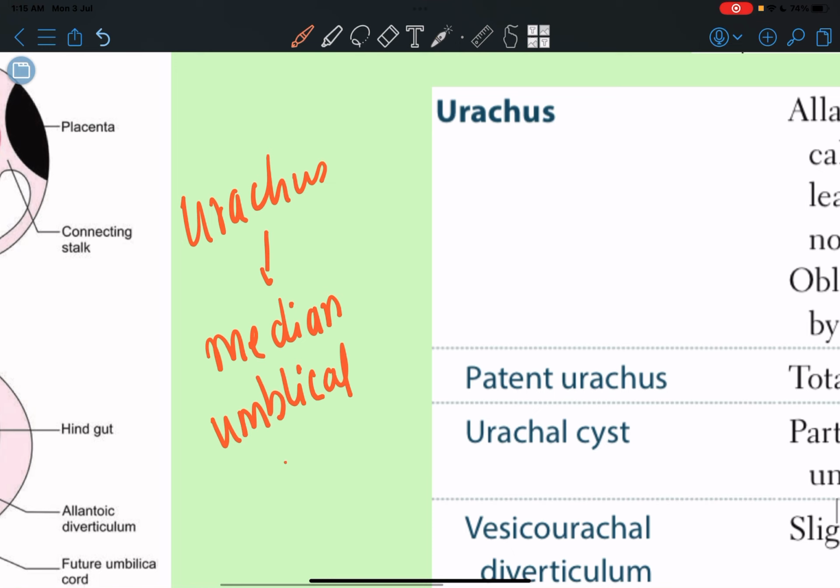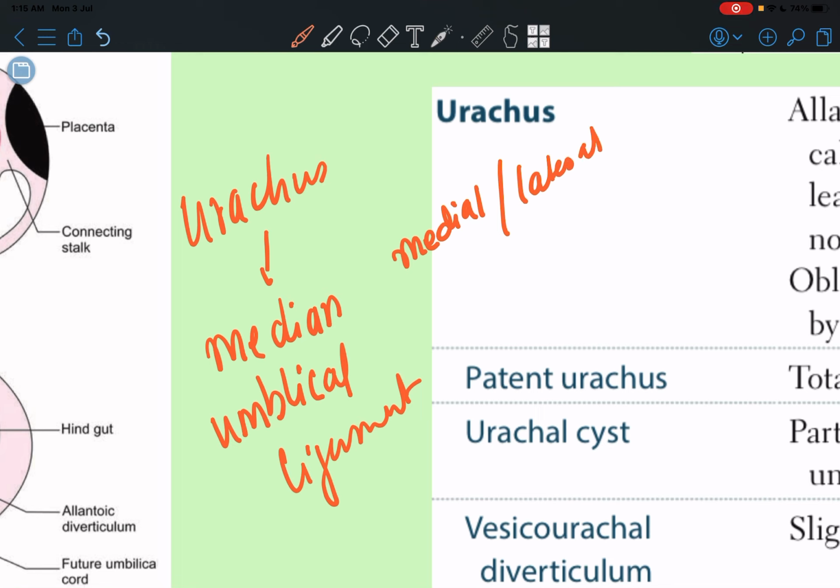Why am I stressing this? Because when we do fetal circulation, you might have already done, there are various arteries and veins, umbilical arteries and umbilical veins, which also obliterate and exist in the adult body as remnants. They form the medial or lateral umbilical folds, because obviously there are two, one on each side.